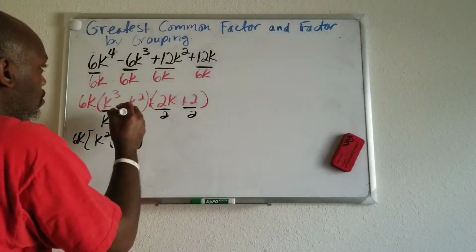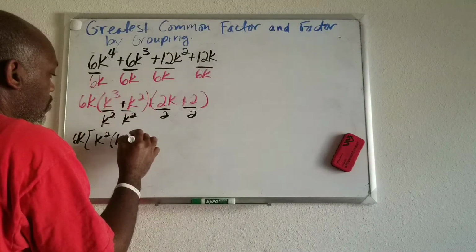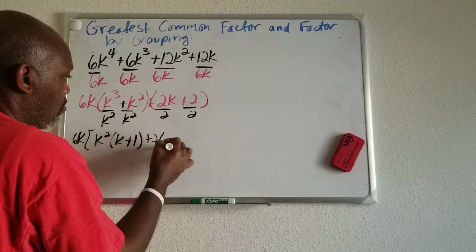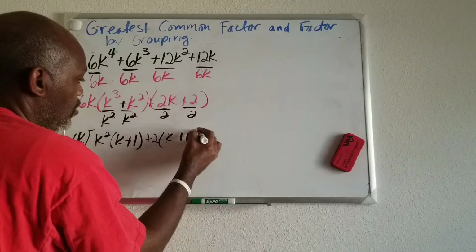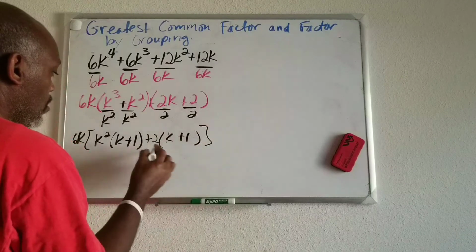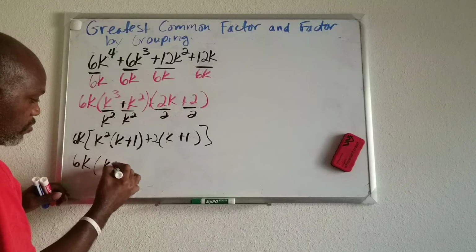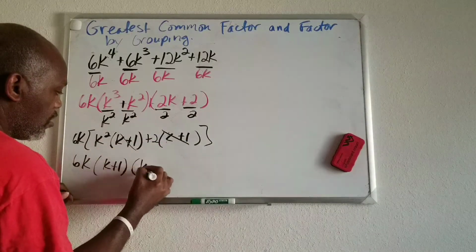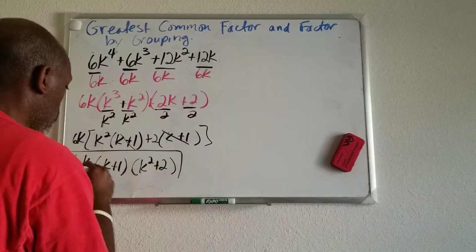Oh, that's what I probably wrote down wrong. Sorry. Okay, and so then that's plus 2, k plus 1. And then we factor out again k plus 1. What we're left with is k squared plus 2, and here's our answer.